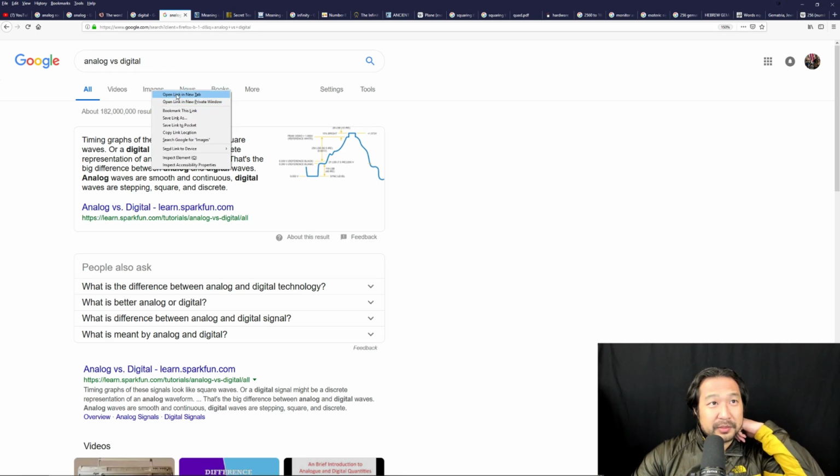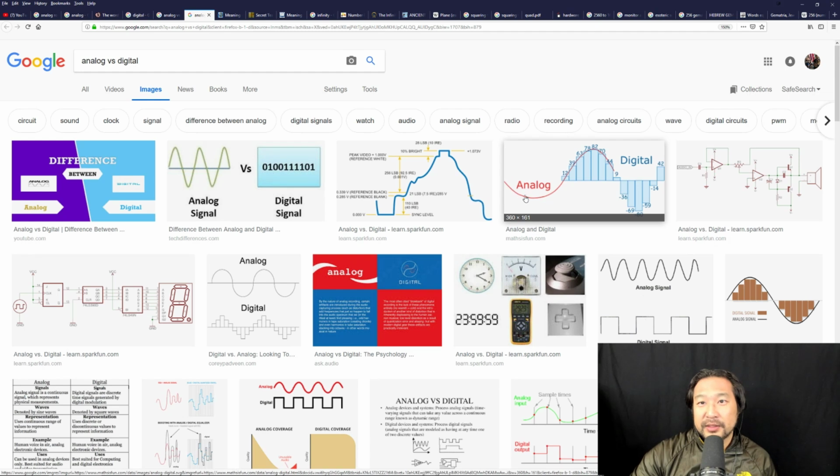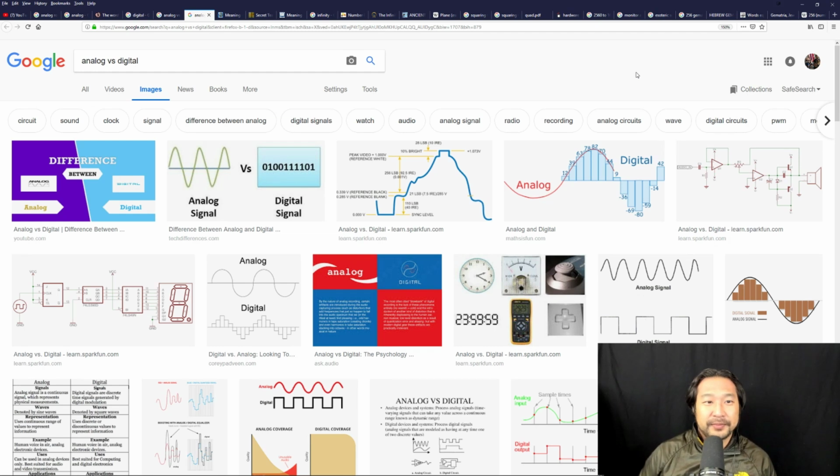Maybe there's an image here. Sorry, I didn't fully prep. But you see, the analog is just a sine wave. If you get an oscilloscope, that's measuring analog waves. Oh, here's a better representation. So this is what we actually see. We see the curves, but you can't really put that into even numbers in the digital world.